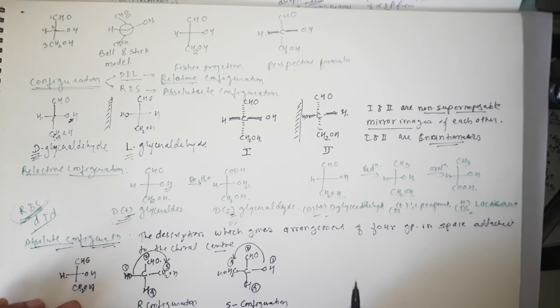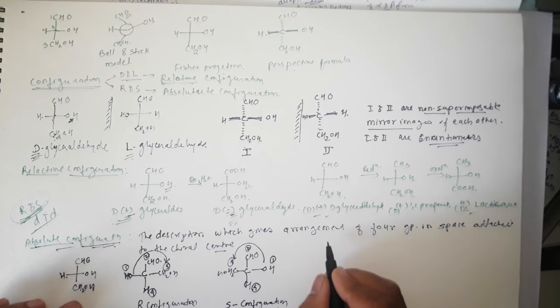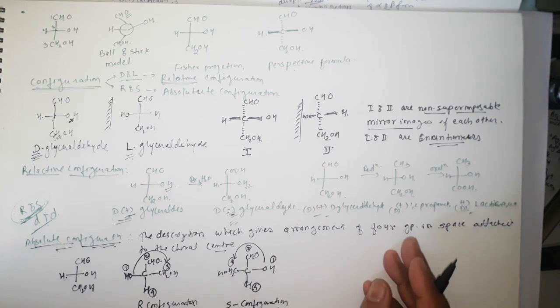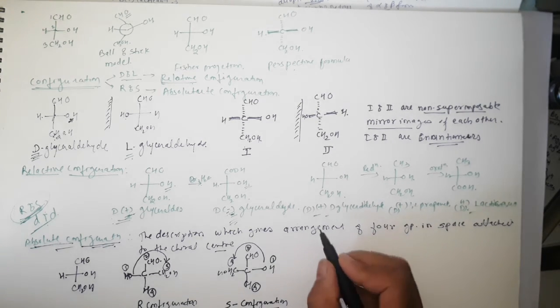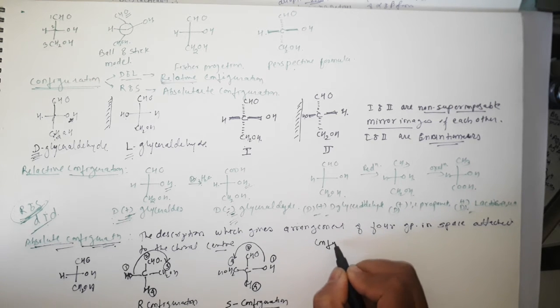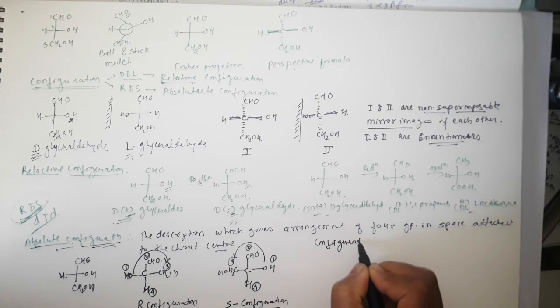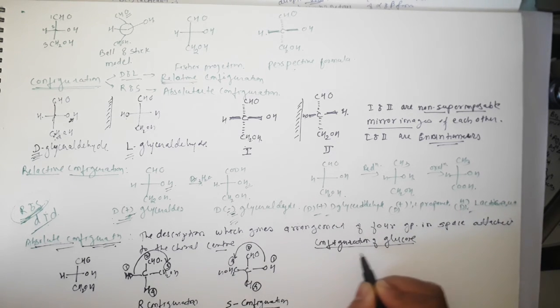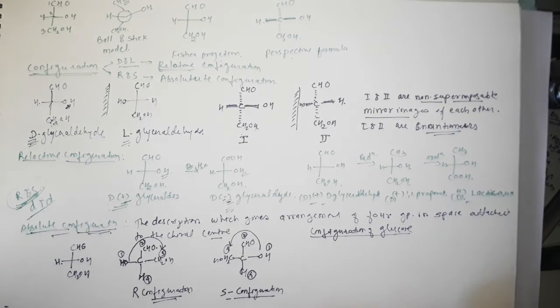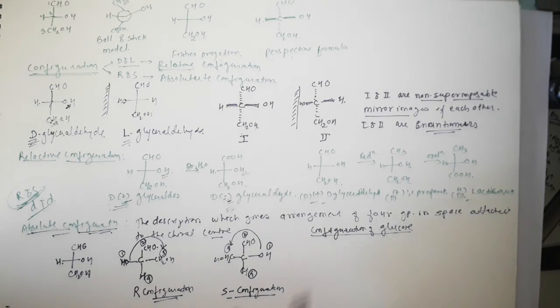Now we will see the number of stereoisomers according to the asymmetric carbon atoms. So, configuration of glucose. Here only one chiral carbon is present in glyceraldehyde.